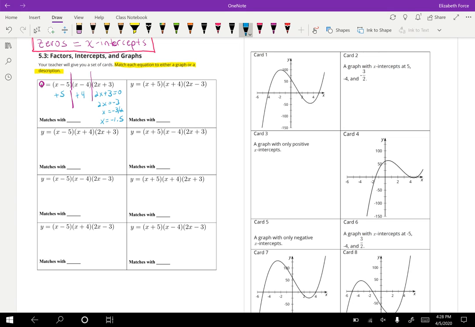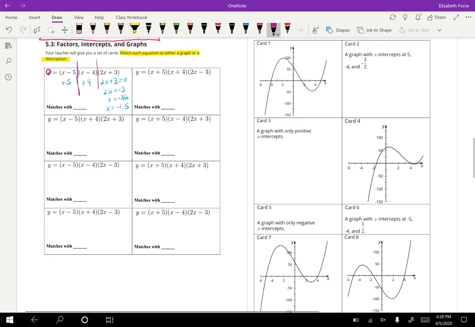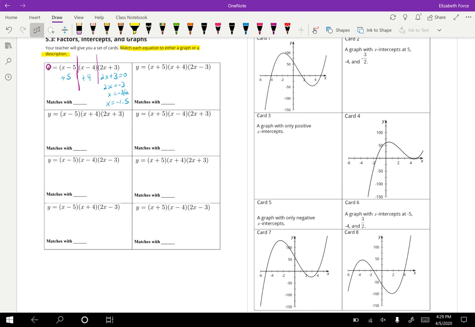So if we want to find a polynomial that has these exact 3 intercepts, and it's x-intercepts, not y-intercepts, I take a look at the cards with the graphs on them. I'm looking for a positive 4, a positive 5, so they're really close to each other, and a negative 1.5.